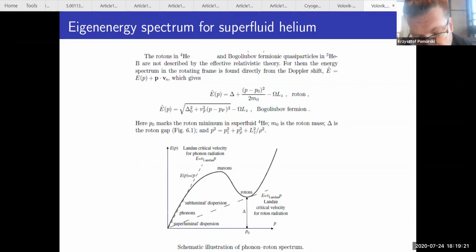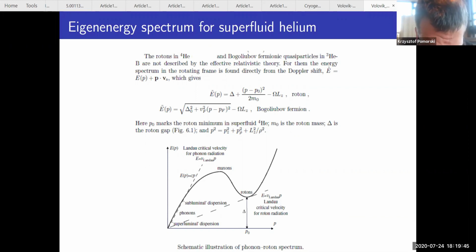This brings richness of various types of phases that are occurring. And yes, you see this, and the energy spectrum of this Bogoliubov fermion is given by the second equation.